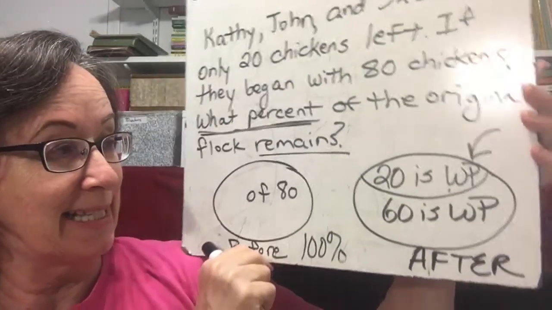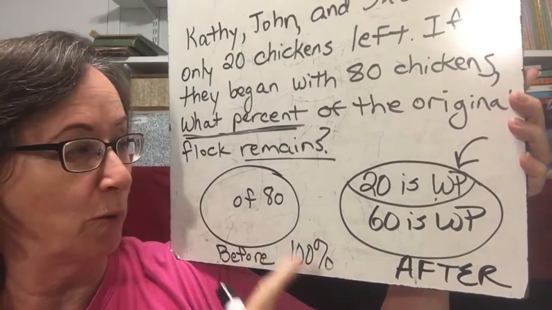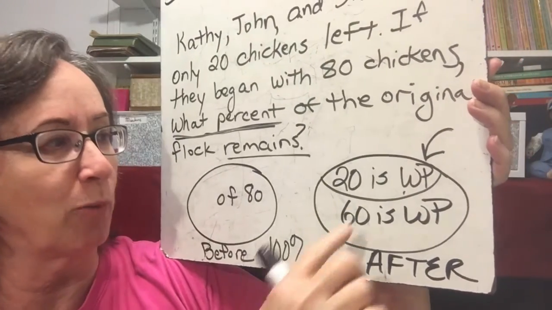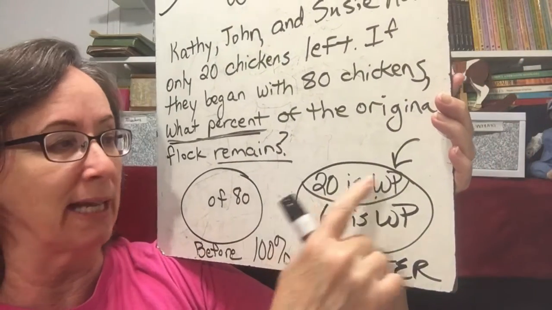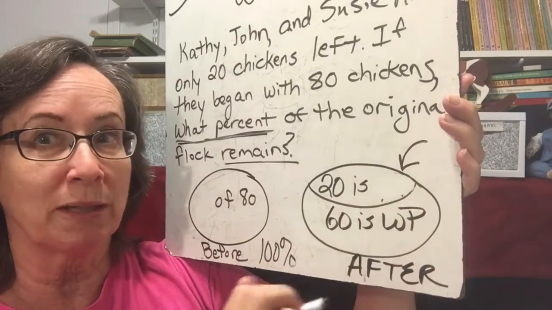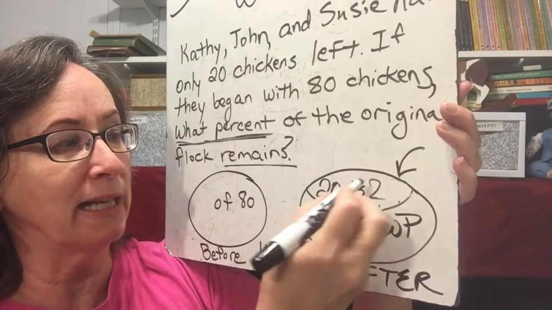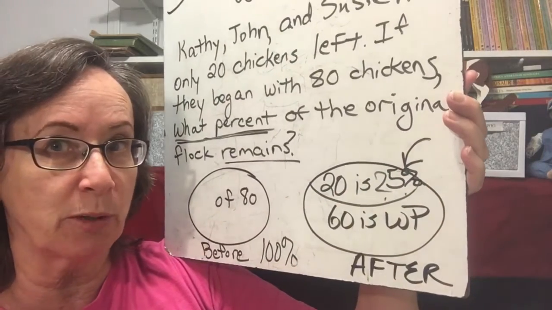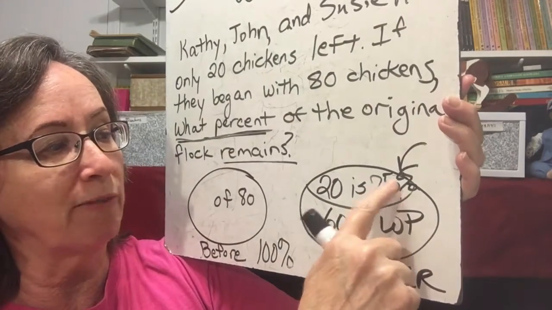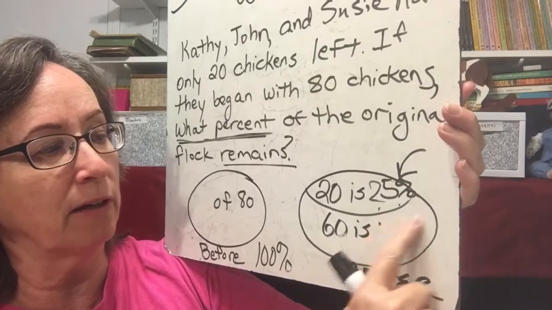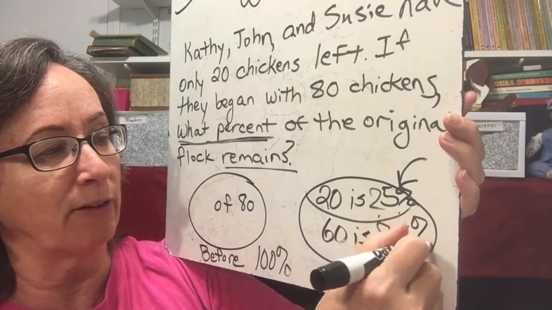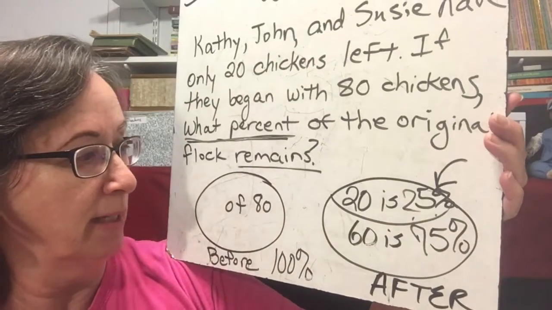So let's take our problem. Before we do away with our little diagram, let's finish our diagram. We found out that the 20 was 25%. Well, we know that there's 100% totally, so 25% would leave 75% left, because 75 plus 25 is 100.